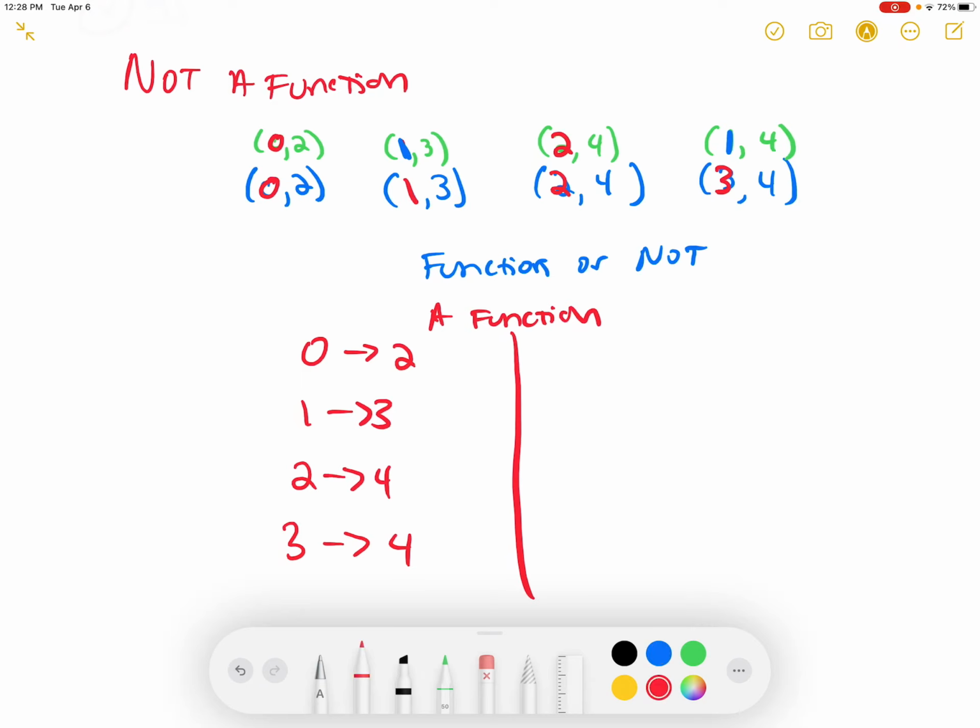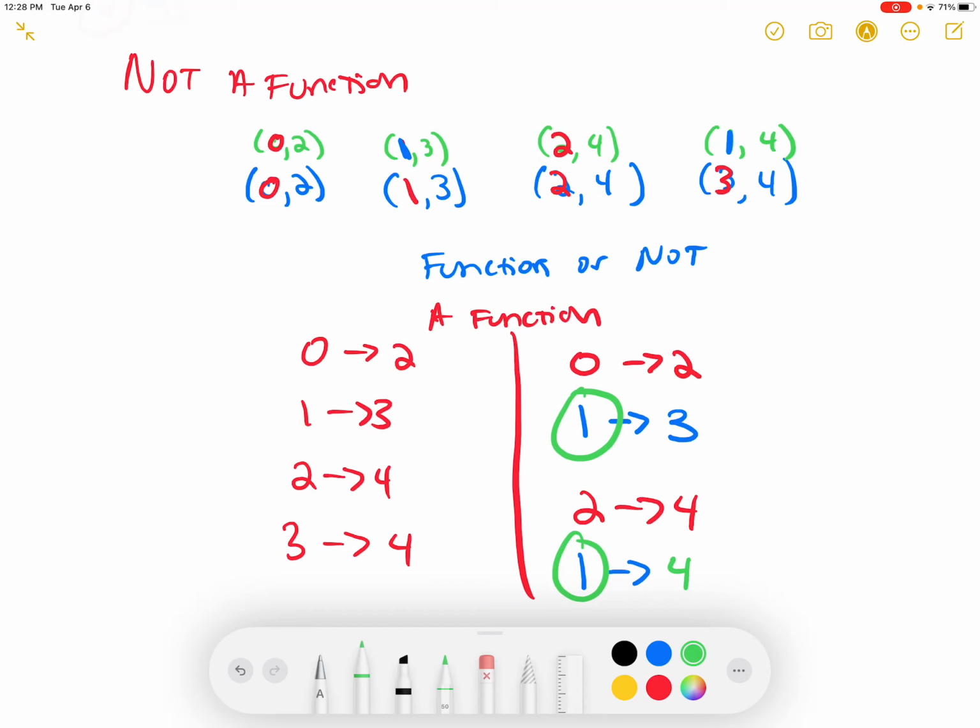So here's what I mean. It has 2 different keys. 0 goes to 2. The door 1 goes to 3. The door 2 goes to 4. But look, the door 1 goes also to key number 4. That's not good. The same door cannot have 2 different keys.